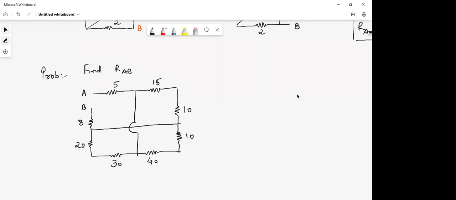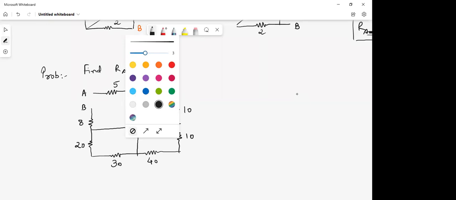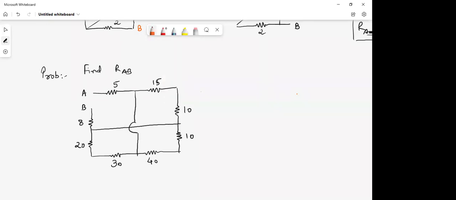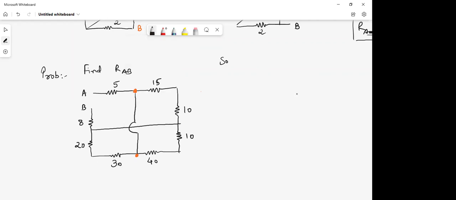Take this jumper out of the problem, but keep the endpoints the same. What are its endpoints? The endpoints are given over here. See, the jumper is located between these 2 points. So just for our convenience, we'll develop the solution such that the first step is that the jumper is taken out.